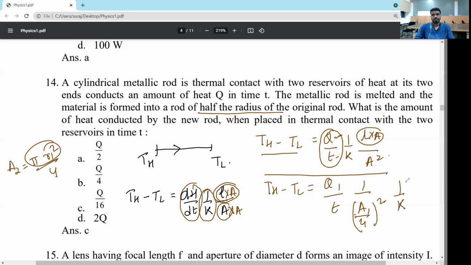So 1 by K into V. This will cancel out. TH minus TL will cancel out. 4 square is 16. 16 will be there, right? So Q1 into 16 is equal to Q. Q1 will be equal to Q by 16. Okay. Option C.